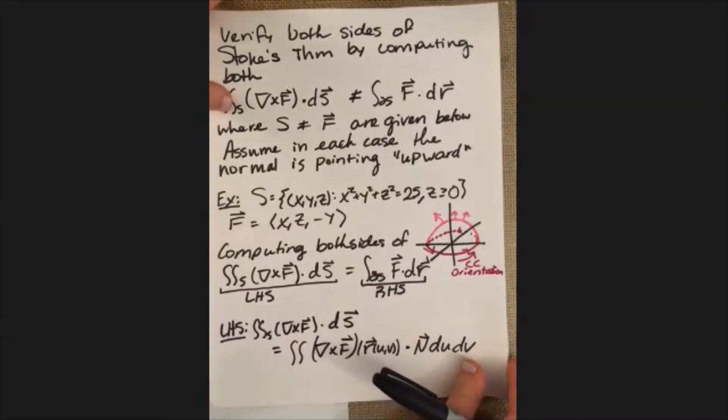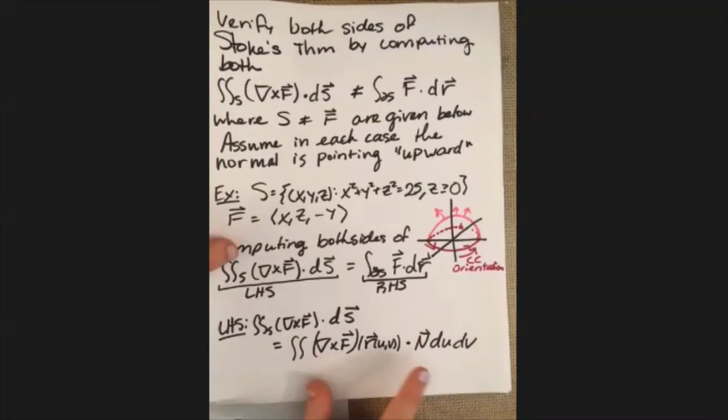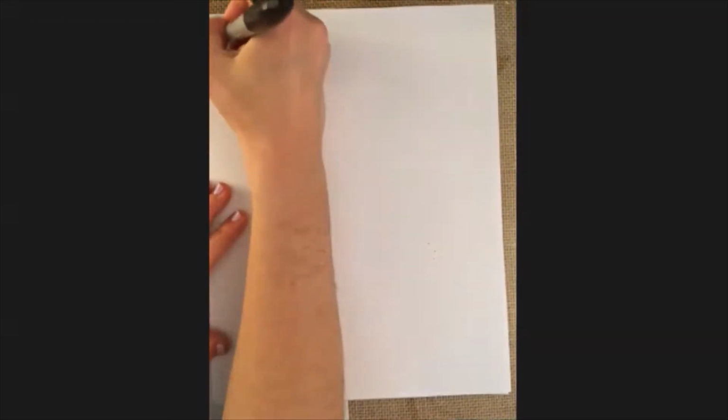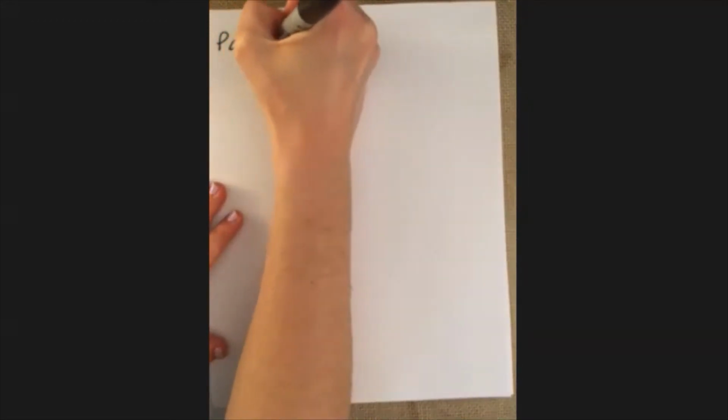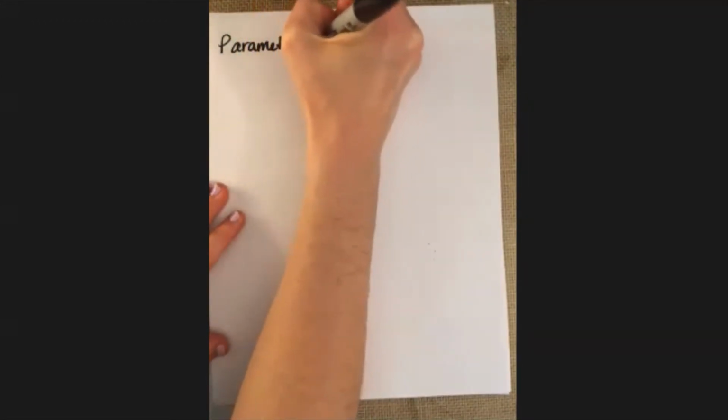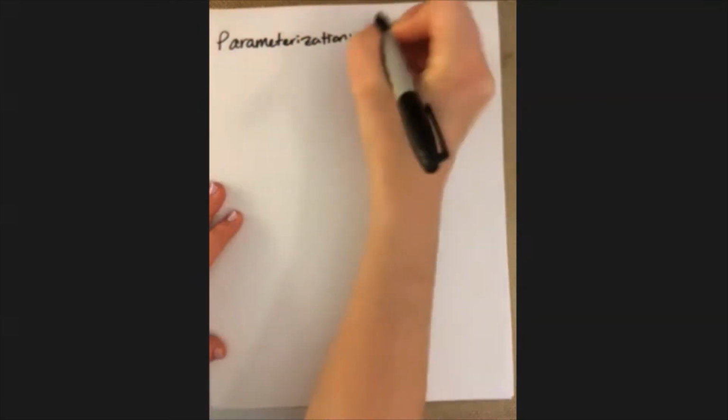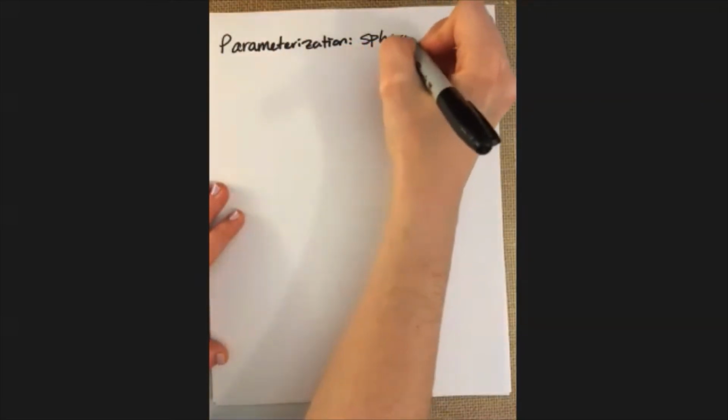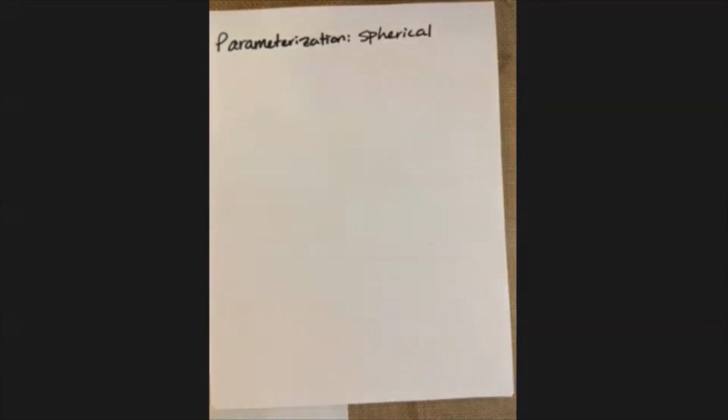So let's go ahead and start by parameterizing our curve here. We're going to want to use a spherical coordinate setup because we're dealing with part of a sphere.